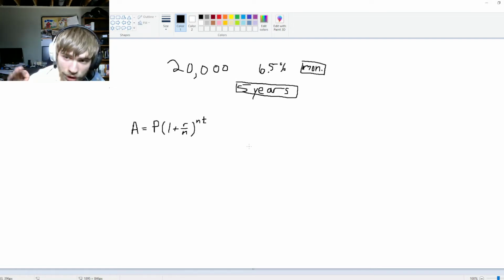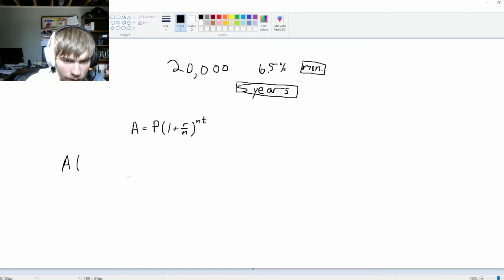Now, the modification for paying off a loan: since we're not making money, we're actually losing money, so we have to spend more money. The amount that it costs, we'll still call that A, and we have to multiply this because since there's interest, we end up paying more than the amount.